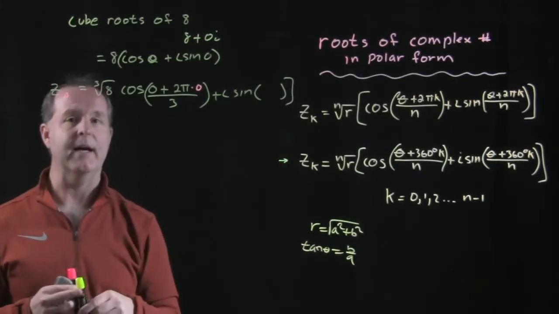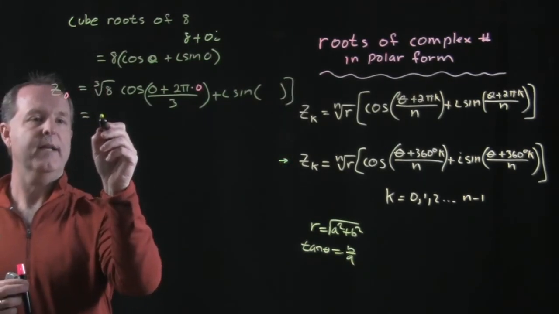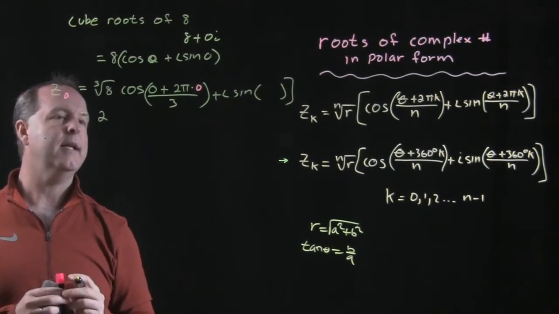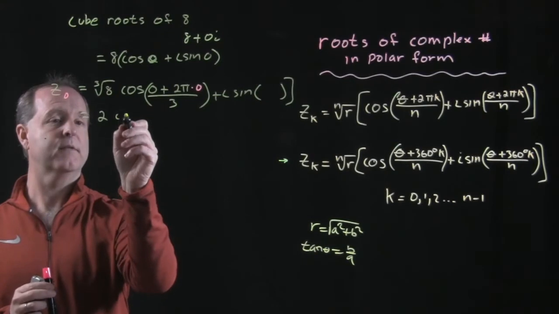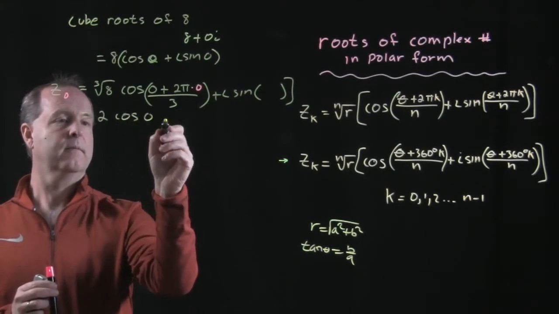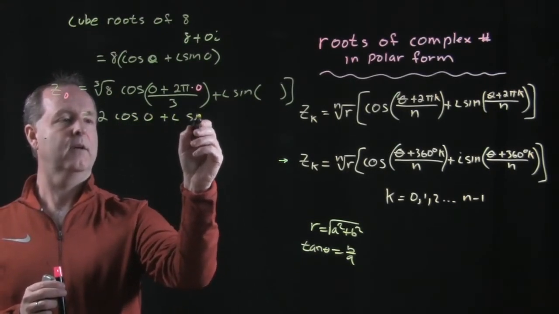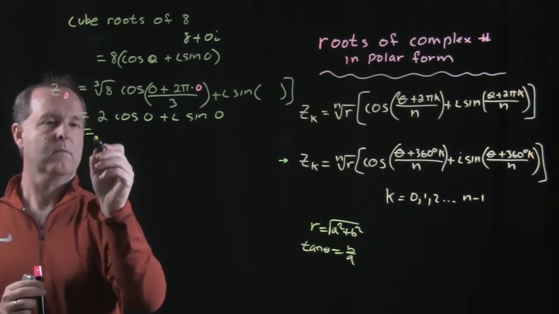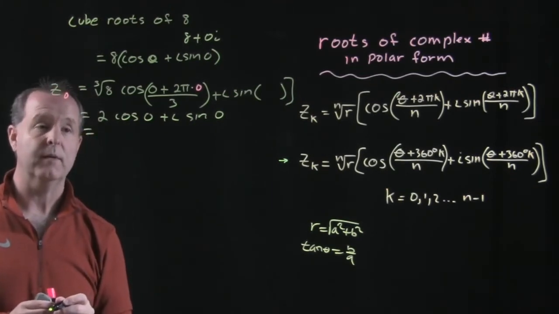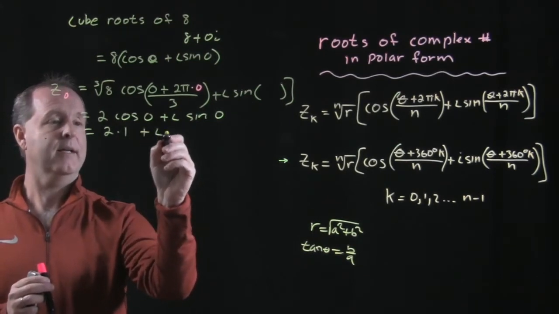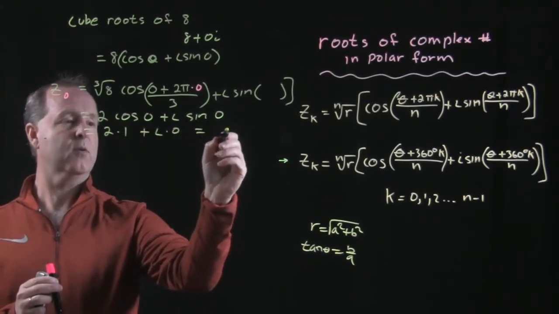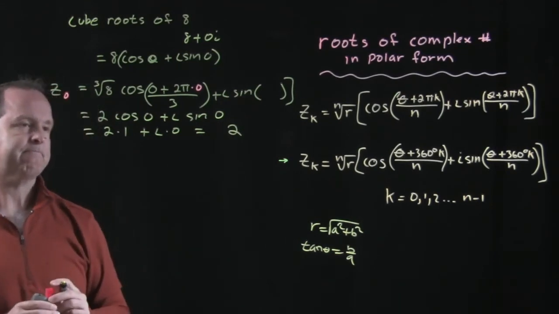And then cleaning that up a little bit, the cube root of 8 is a 2. Cosine of 0 plus 0 divided by 3 is a cosine of 0, plus i sine of 0, which equals, cosine of 0 is 1. So that's 2 times 1 plus i times 0, which just equals a 2.